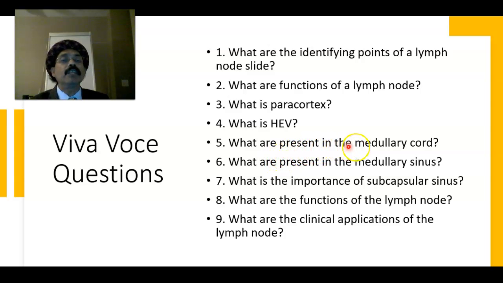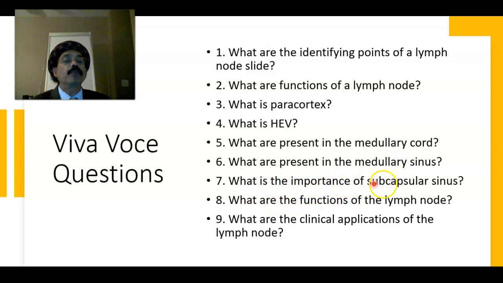What is present in the medullary cord? The medullary cord contains T lymphocytes, B lymphocytes, and plasma cells. What is present in the medullary sinus? The medullary sinus contains macrophages and neutrophils, and the medullary sinus is the final filter for the lymphatics. Lymph will go out from the medullary sinus to reach the efferent lymphatic vessel.